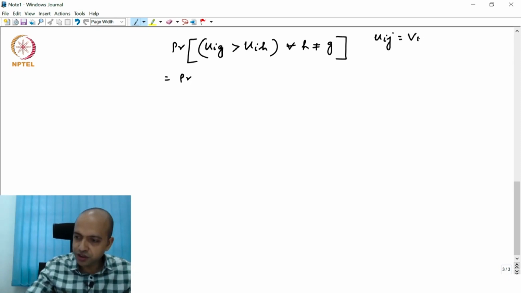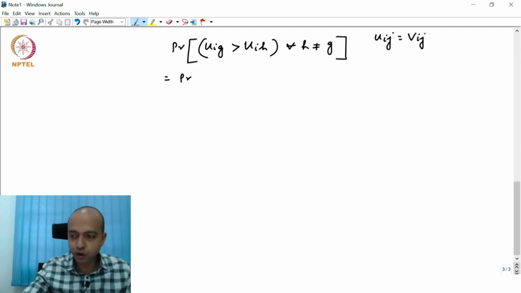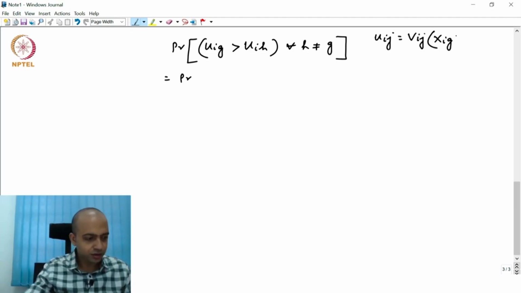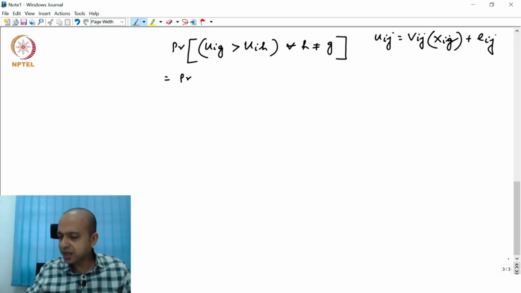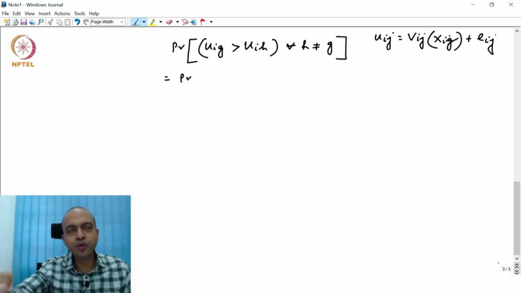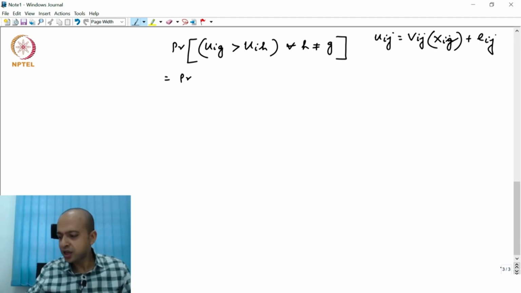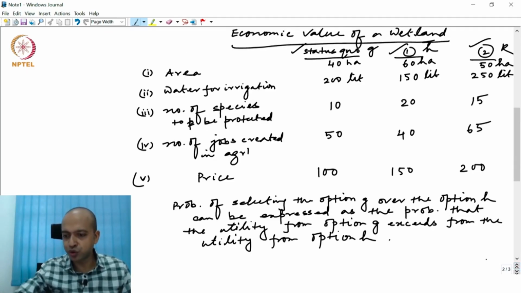One is called Vij, which we can observe, that is a function of Xij, plus an error term. Now what is X actually? X here is a little different from the way we introduced earlier. X is basically the attributes.